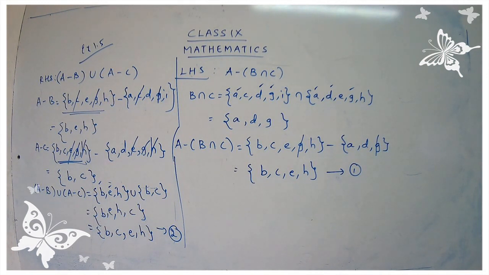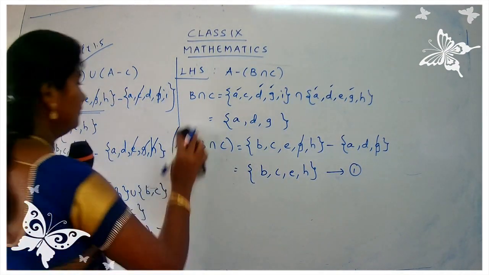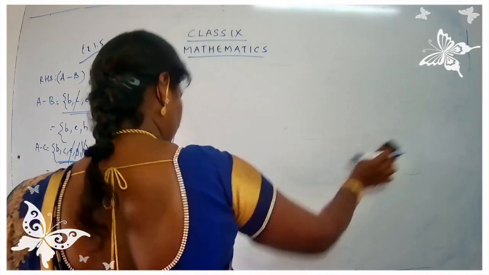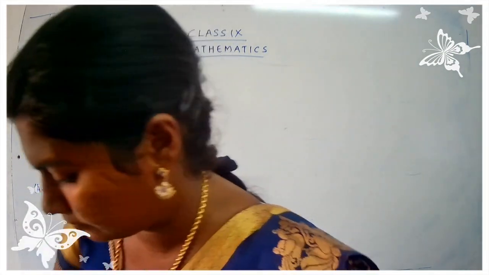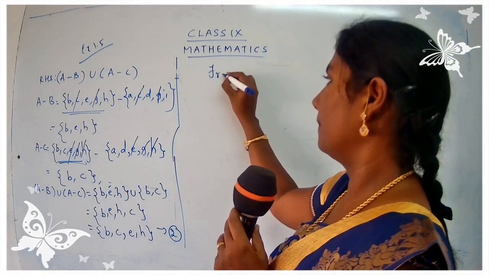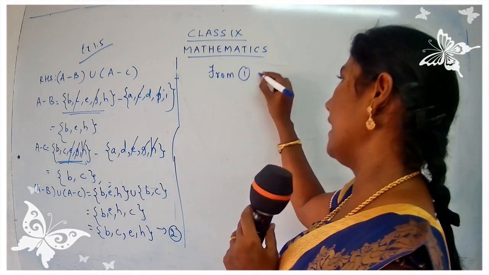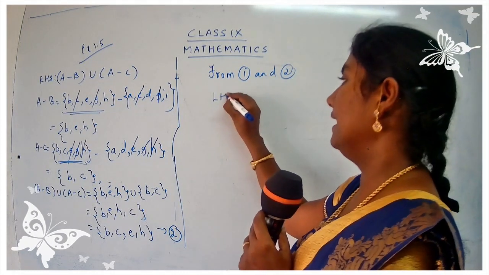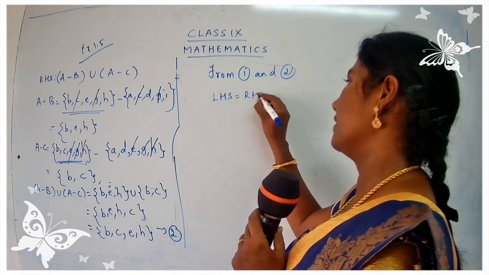Okay, now let us go for the final statement. I'll just rub the LHS part. So write down here from 1 and 2. Okay, that is from 1 and 2, LHS is equal to RHS.